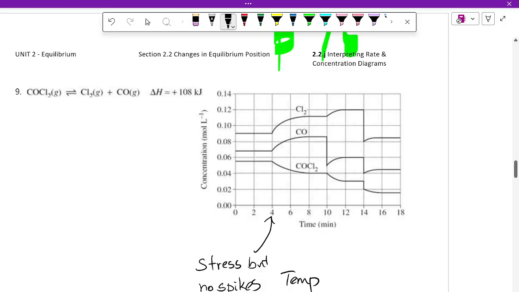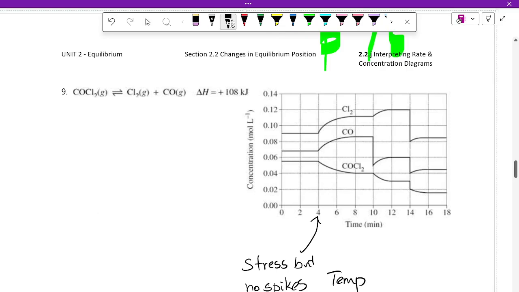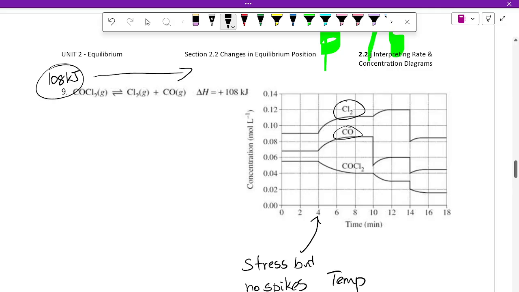And because we have a positive heat term, that's going to be on this side, and we shifted towards, we got more product, so we shifted to the right. And if we shifted to the right, did we increase temperature or decrease temperature? We increased temperature, okay? So that's our first one.